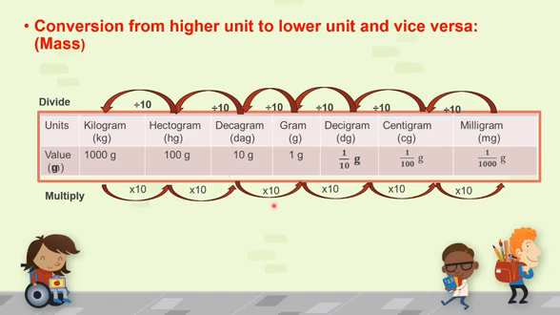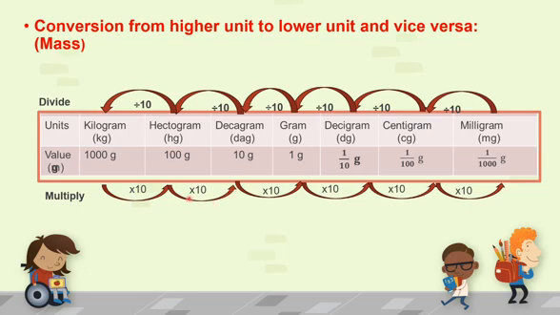So HLM, M stands for multiply. This is the short abbreviation which we made: HLM says higher, lower, multiply. So when you are going from a higher to a lower unit, we multiply.